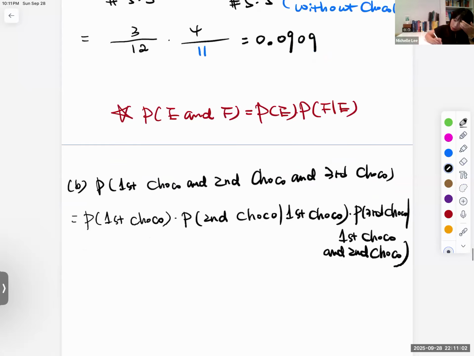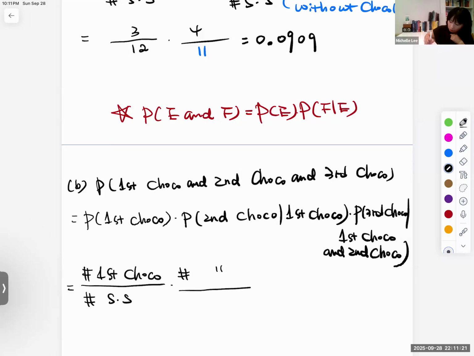So there will be the number of first chocolate divided by the sample space, times the number of second chocolate over the number of sample space without first chocolate, right?